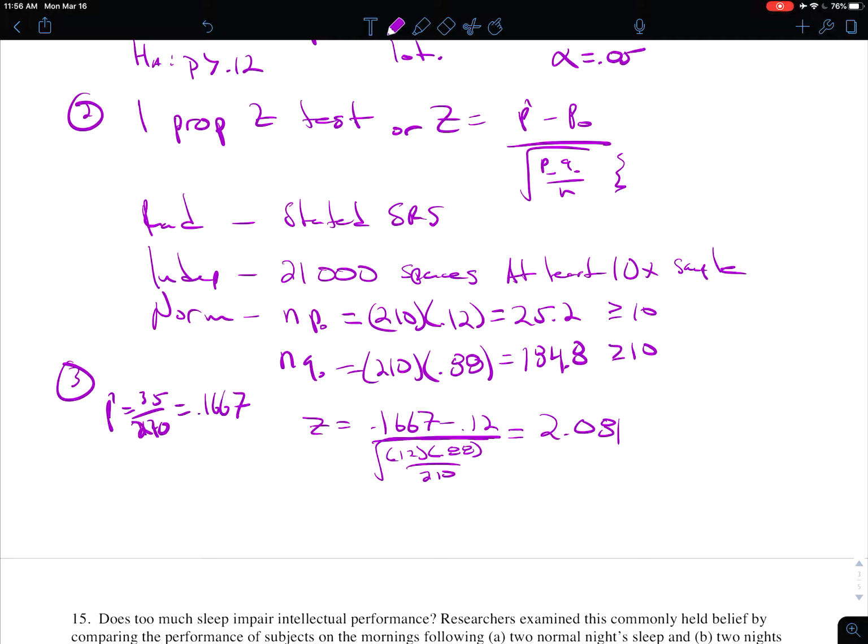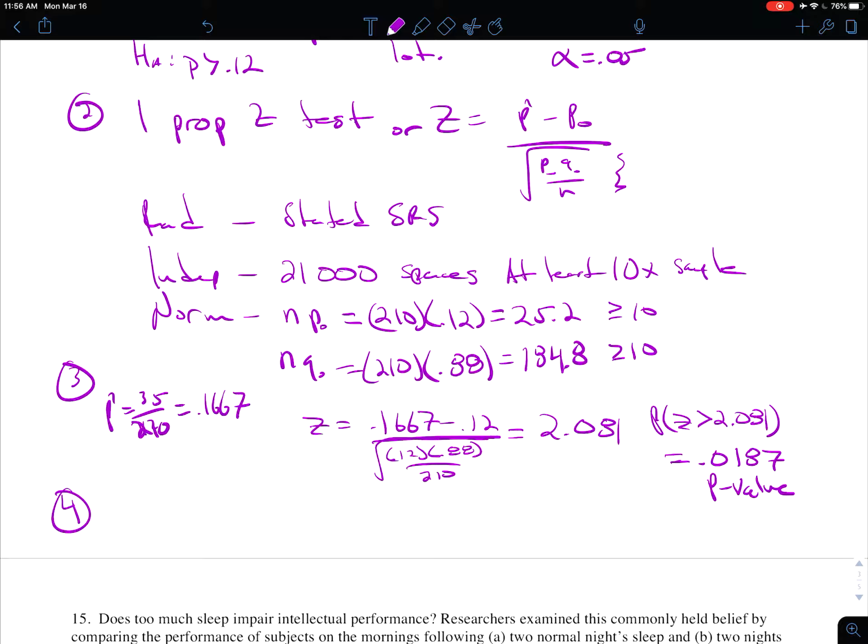That's the z-score. And then the probability that we get a z that's greater than 2.081 is equal to, looking up on our table or normal CDF, however you want to find it, in the neighborhood of 0.0187. That's our p-value, 0.0187. And that's all the work for step 3.